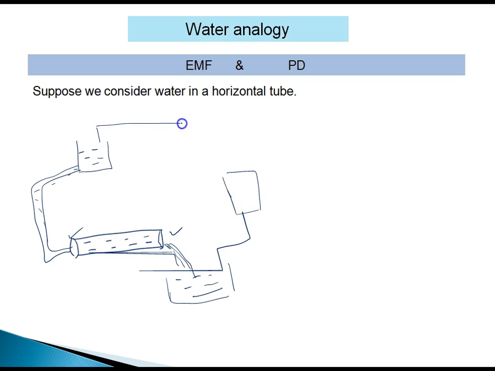That pump takes the water from this level and sends it to the upper tank. This pump increases the potential of the water from lower level to higher level. All of you are getting it? So this pump is working as the EMF in the circuit.